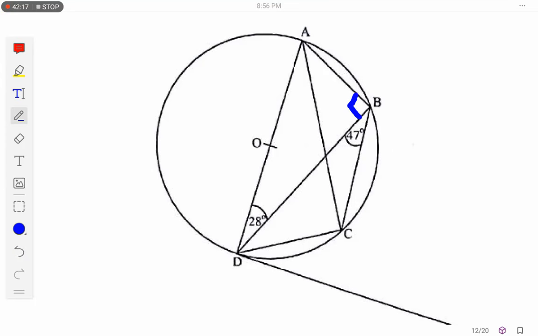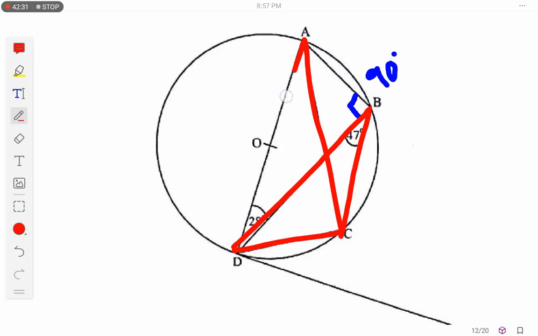Then we have an angle subtended by the same chord DC. This angle 47 and this angle A are subtended by the same chord, so this is also going to be 47.